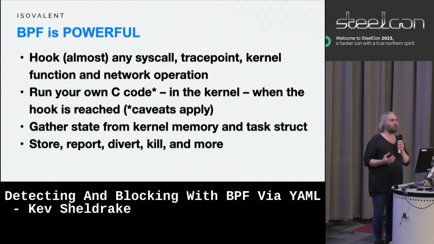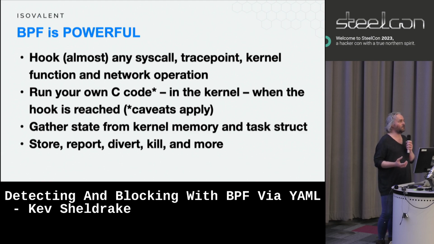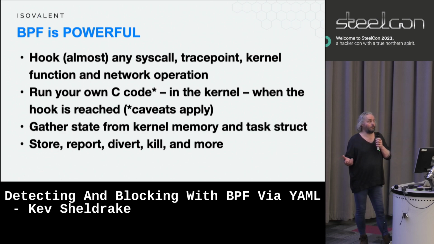So, if you've used tshark, tcpdump, or Wireshark, and you've filtered what packets you want, like "not port 22" or whatever, you've actually used classic BPF, which stands for Berkeley Packet Filter.